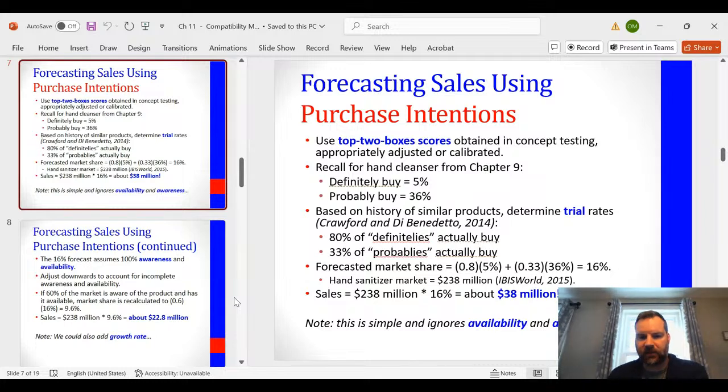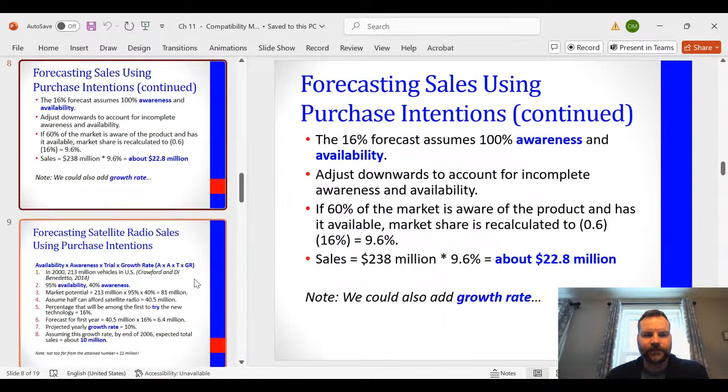So I've got a little example here, using the example from Chapter 9 of hand sanitizer. And you can sort of see how this works out. Now, not everyone's going to be aware of your product. Not everyone's going to have availability of your product. So you want to try to measure those if possible. And again, as you add more of these metrics, you're just multiplying them by your previous metrics.